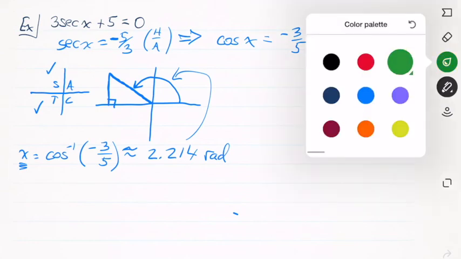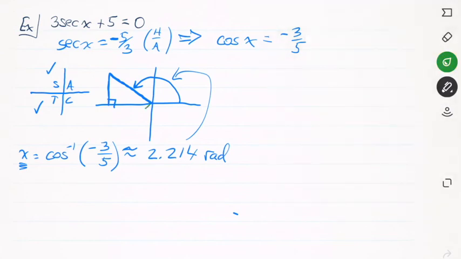The secondary angle is going to be in the third quadrant. To find its opening up measurement, it's going to get a little trickier. Number one, we have to figure out what the reference angle of this triangle is. To find that, we subtract this angle from pi. So it's pi minus 2.214, because pi is a full out opening, and then we're trying to back off to see what's left over.